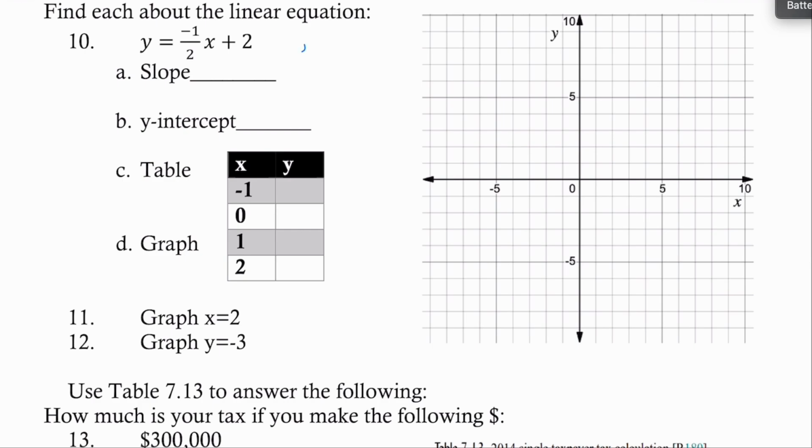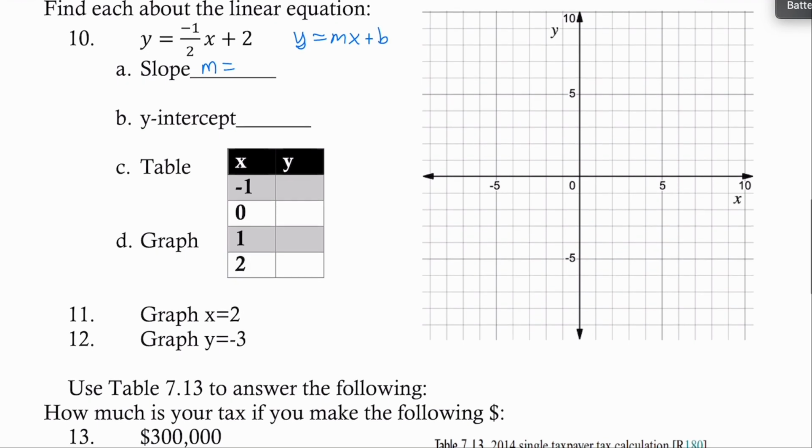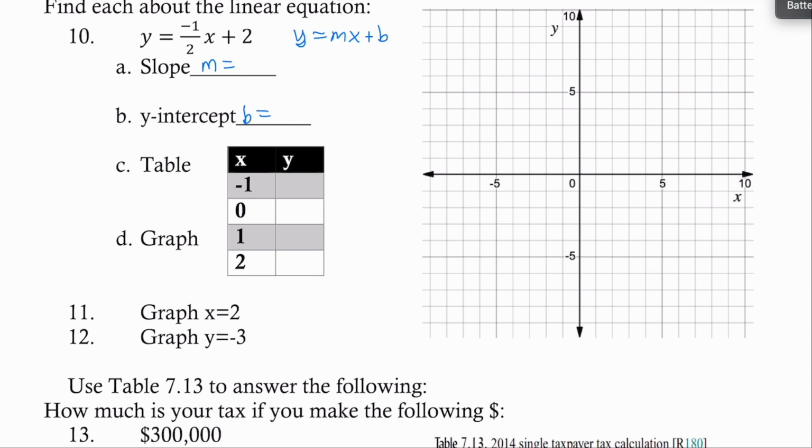So remember, y equals mx plus b. The coefficient on the x is our slope. The b is our y-intercept. So in this particular case, the slope is -1/2. The y-intercept is 2. So that's the point (0, 2).